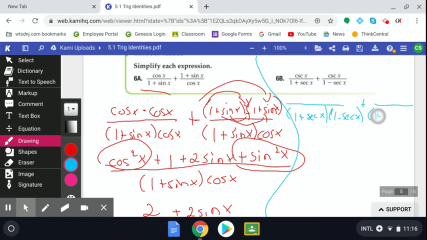And same thing here, 1 plus secant x, 1 minus secant x. Okay, so then I'm left with cosecant x times whatever is missing on the bottom, which is 1 minus secant x. And here's going to be cosecant x times 1 plus secant x, because that's what is missing. So now I need to distribute.